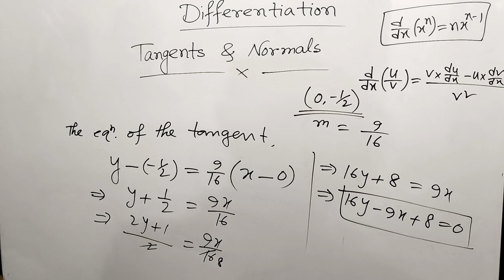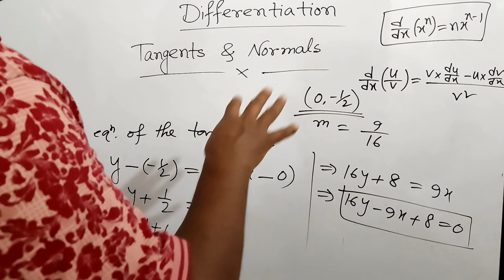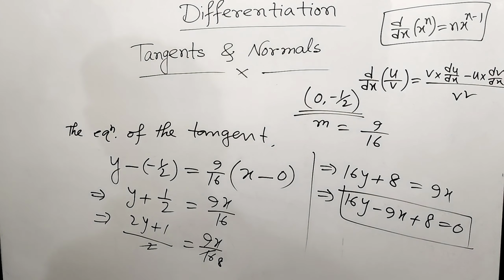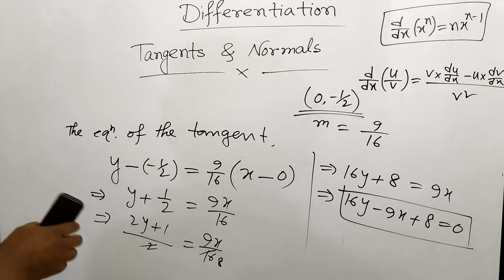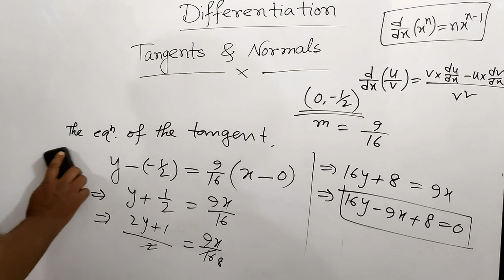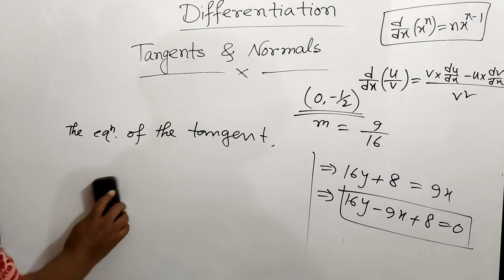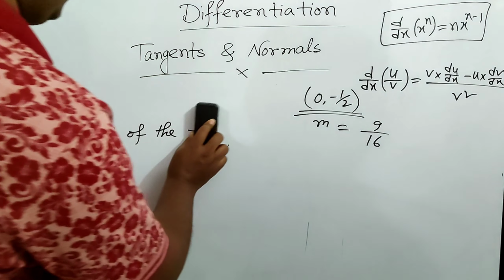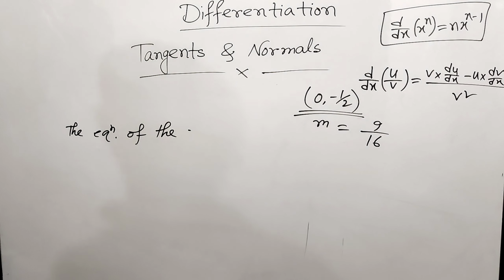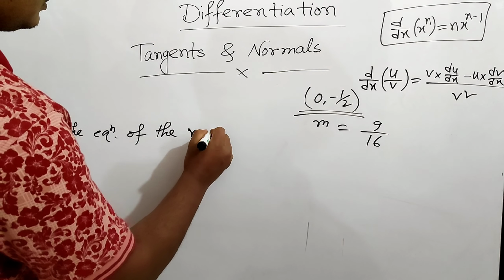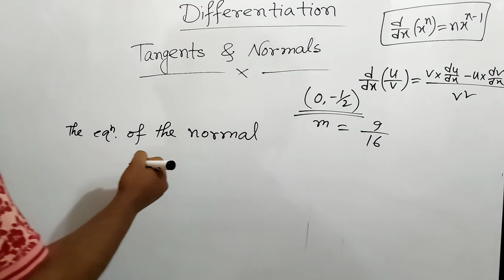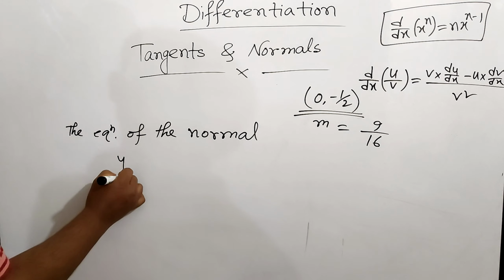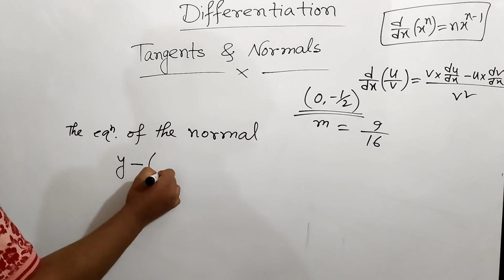Okay, so now we can easily find the equation of the normal of this curve. So just use the formula, then you can easily find the equation of the normal. Okay, now I'll show this equation of the normal. So the equation of the normal at point 0 negative half, that is y negative y1, that is negative half.